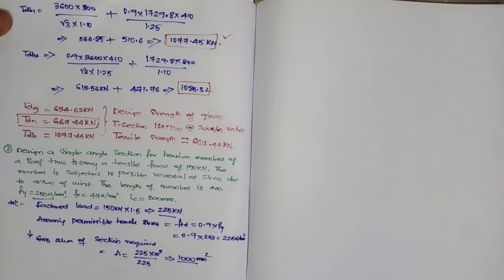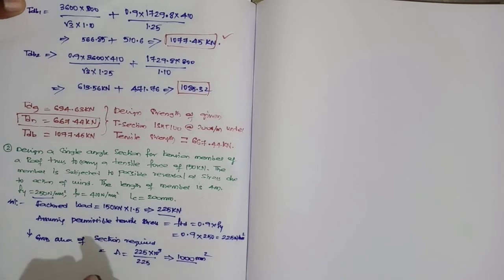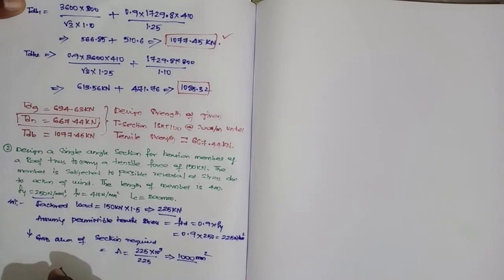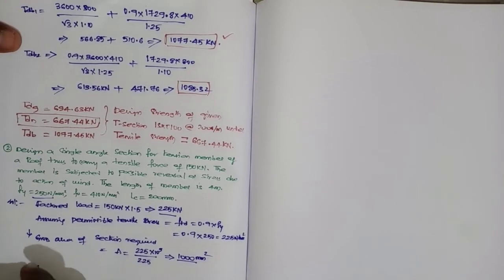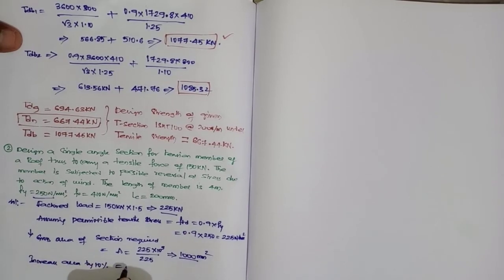Okay, so what we do is, while taking the section from the steel table, we will be increasing the area by 10 to 25%. So increase area by 10%. So what will it be? 1.1 into 1000.